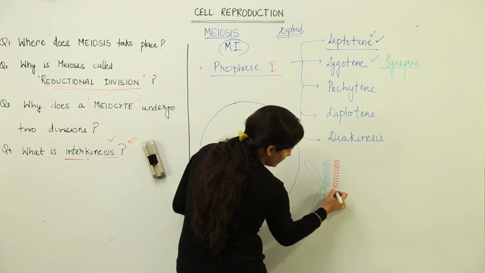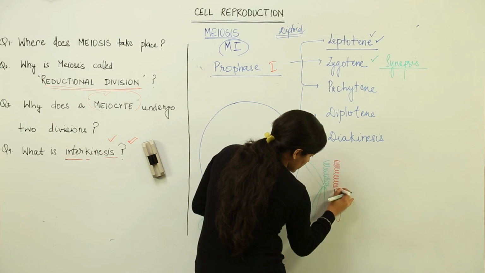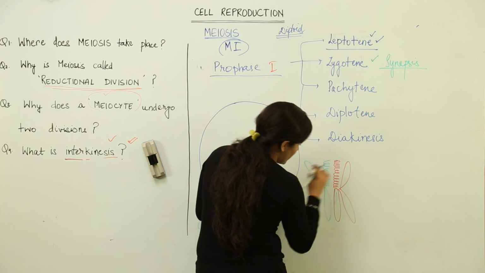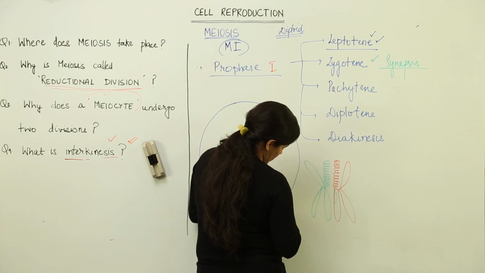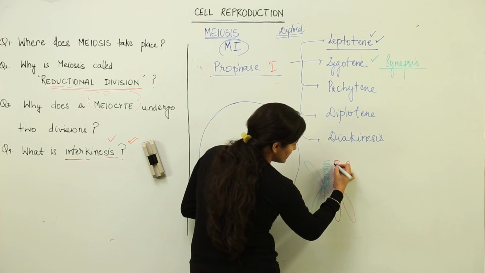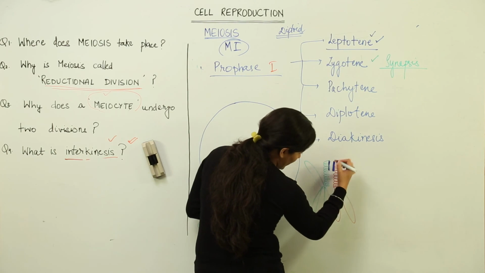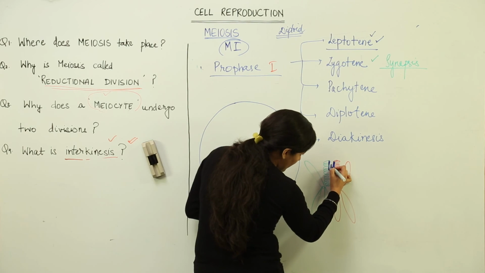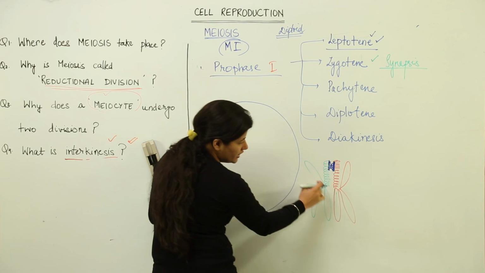I am just showing this to make you understand how a synapse forms. There are lateral elements present at its sides. There are many places where this synaptonemal complex would be formed. The lateral elements join to the chromatin material, and there is a central part. This particular structure is known as the synaptonemal complex.